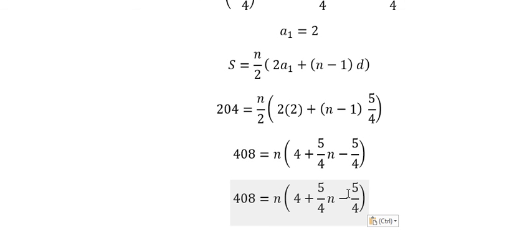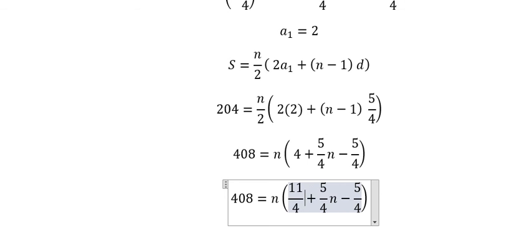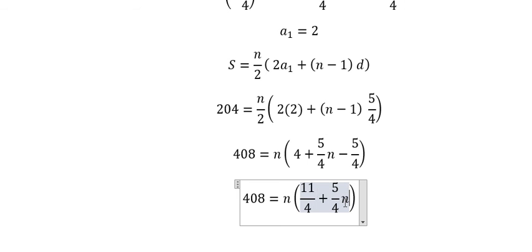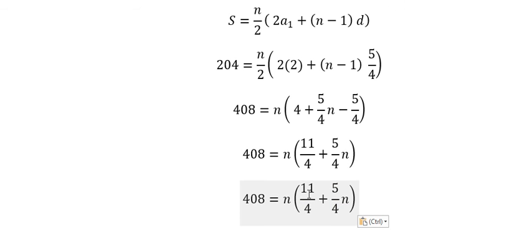So we have 4 minus 5/4, and we have 11/4. So now multiply by this one and this one.